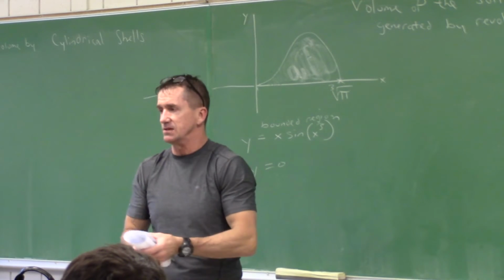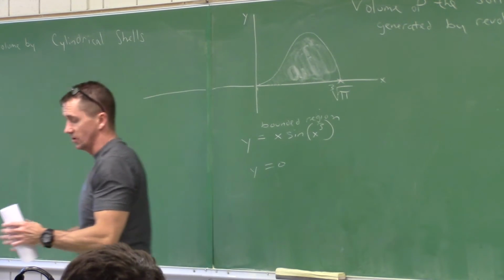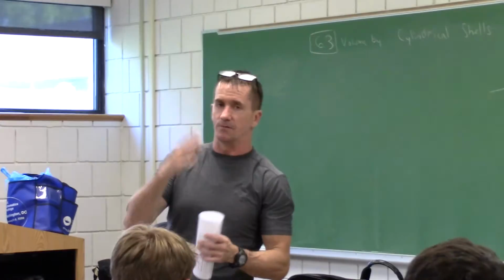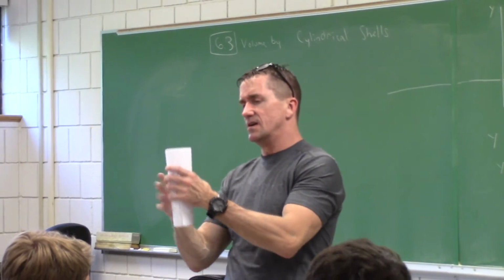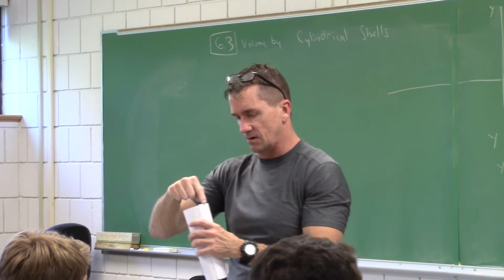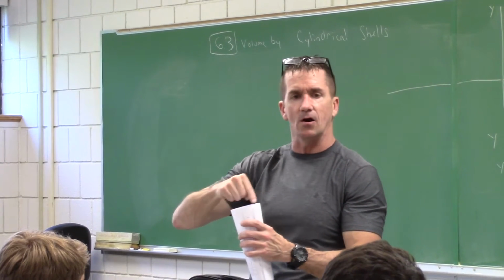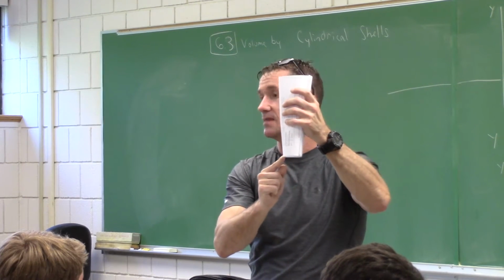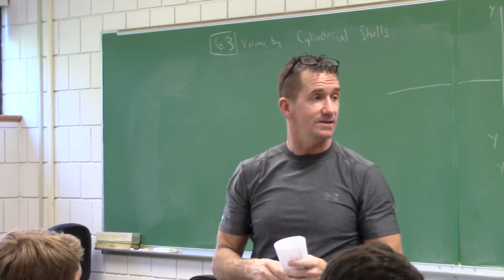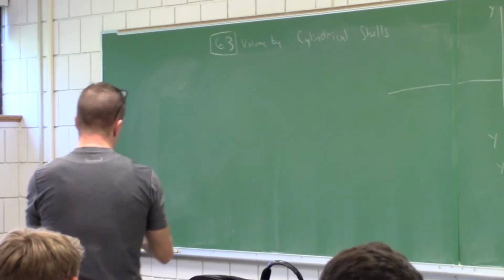So right now we're discovering, going from memory, what is the surface area of some cylindrical shell like this? The circumference would be 2 pi r, but then I'd multiply the 2 pi r times the what? Height. And that is it. That is the surface area of some shell.